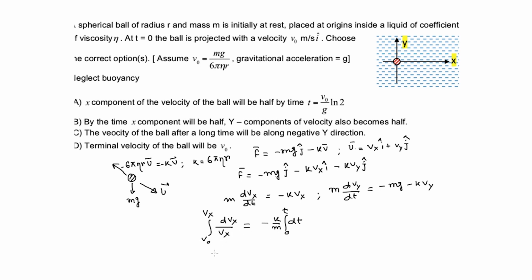So ln of vx by v naught is equal to minus k by m into t. From there, vx is equal to v naught into e power minus k by m into t. So that is the value of vx that we have got.